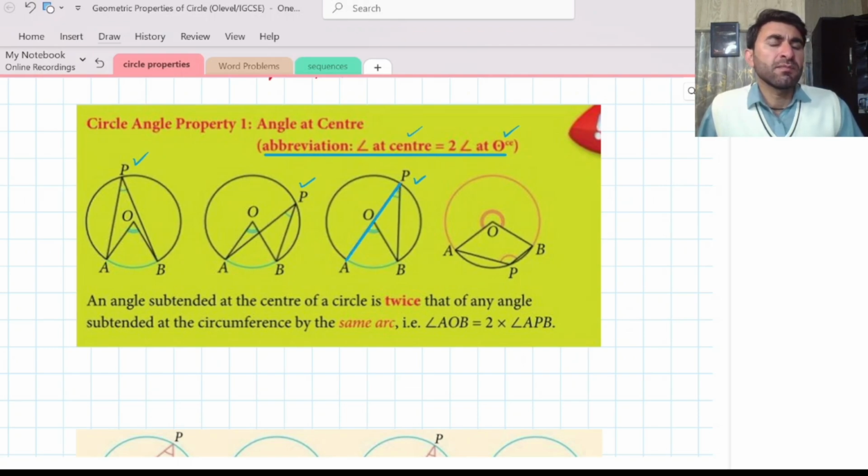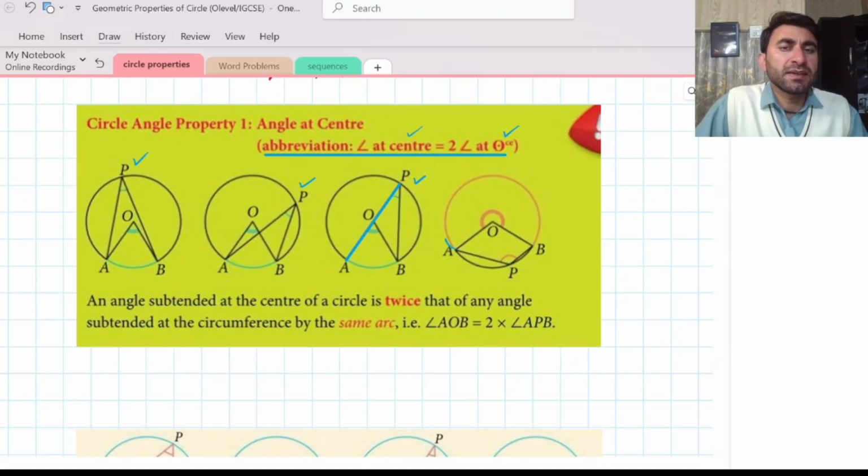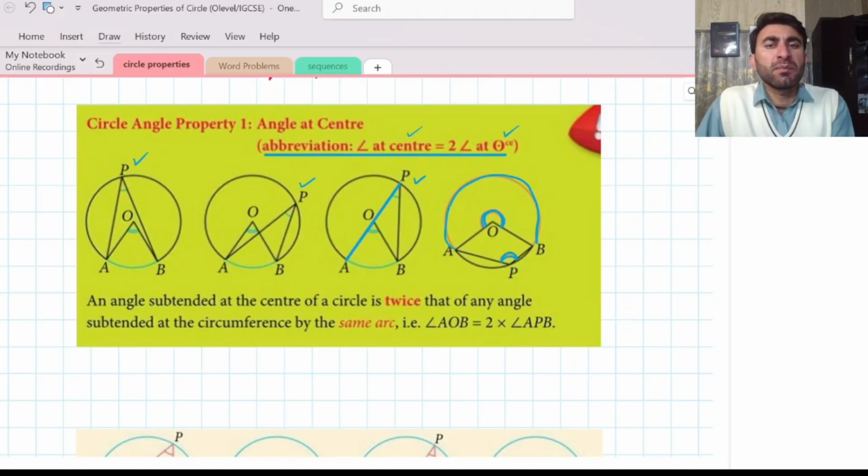It is passing through the center of the circle O, and this property is also true for the major arc. We can see that AB over here is a major arc, and it is subtending an angle at the center over here, and angle at the circumference is made over here at point P. So this property is true for both the minor arc as well as the major arc.